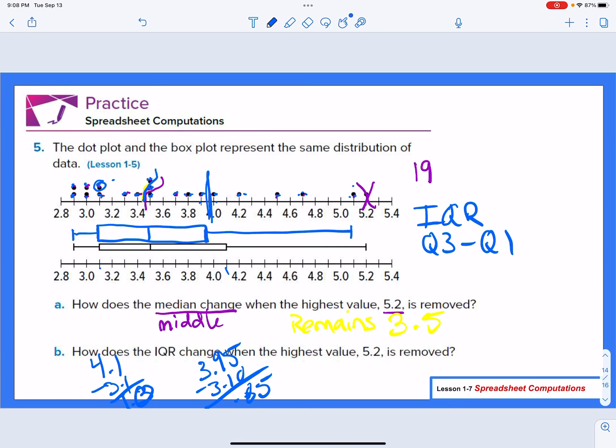I think it's 3.95, so I think it should be 0.85. So I went from 1 decreasing down to 0.85. So my IQR became smaller, which means there's less variance, right? Because it's getting smaller because I got rid of an extreme number there.